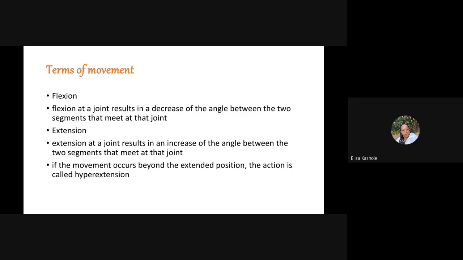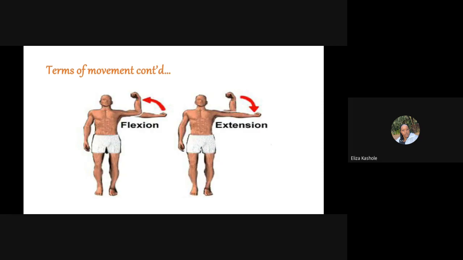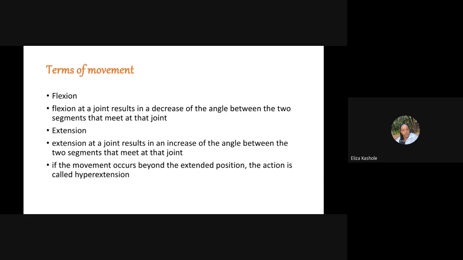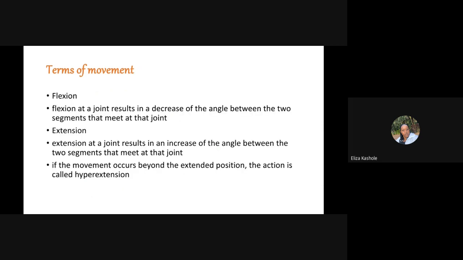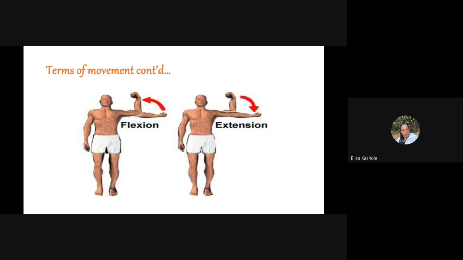What I was saying is, if the movement occurs beyond the extended position, this is the extension on the second image on your right. If the movement occurs beyond what you see there, the angle has been overextended, and the action is what we call hyperextension. Hyper means more. Are we together?